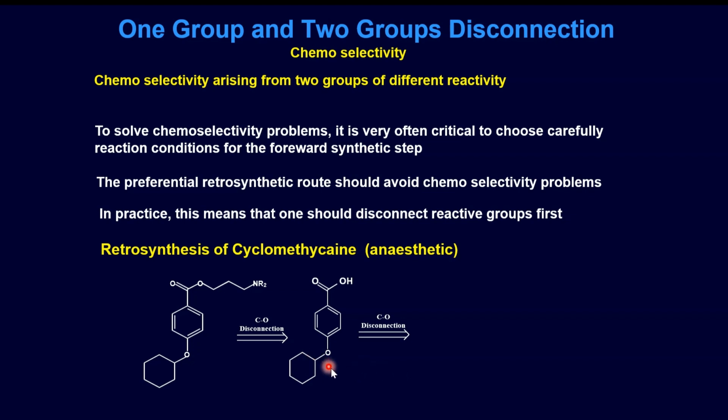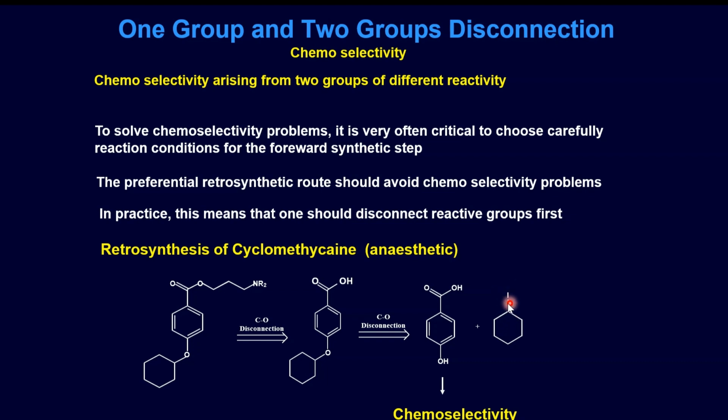If I break over here, one part will be para-hydroxybenzoic acid, another part will be cyclohexane. To make this react with this, I have to create a positive center on this cyclohexyl group.